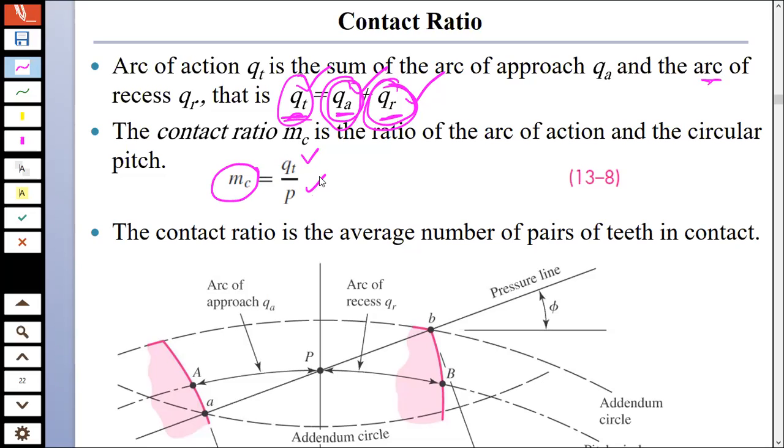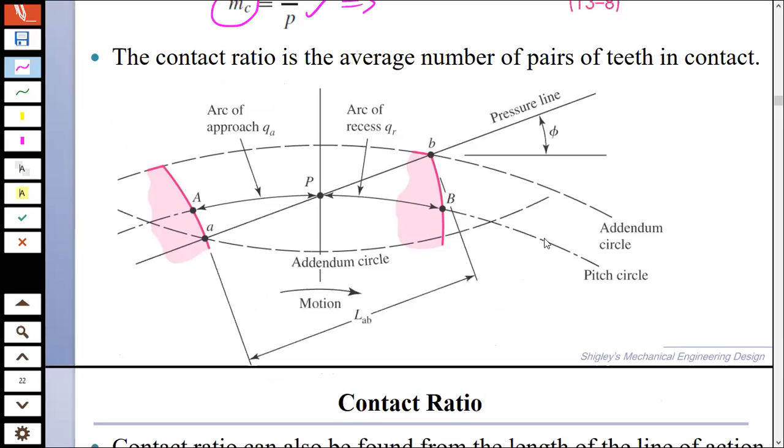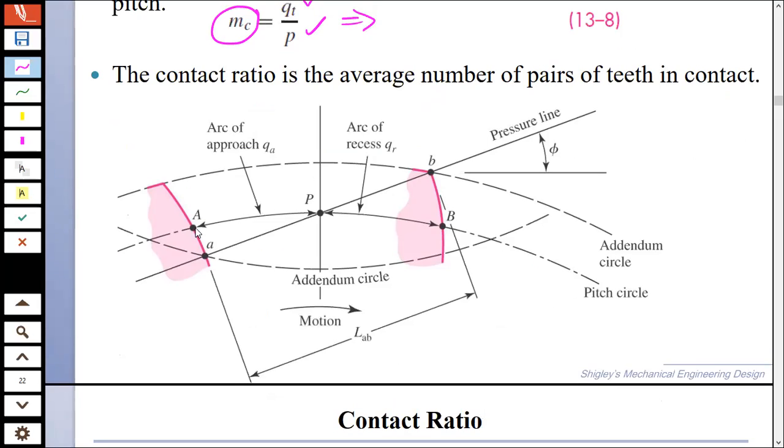So if we calculate MC, which is the contact ratio, that is going to be QT over P. Basically, the arc of approach will be from here to here, because it is going toward the center, and the arc of recess from here.